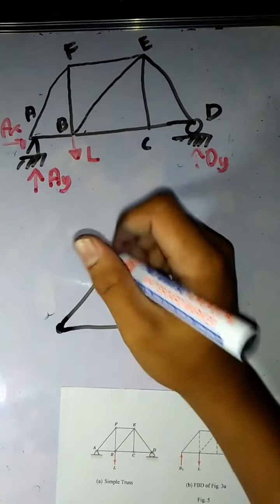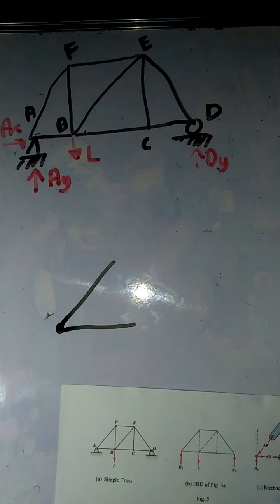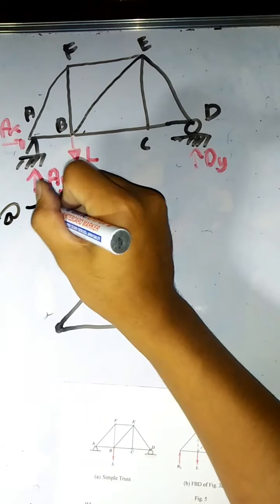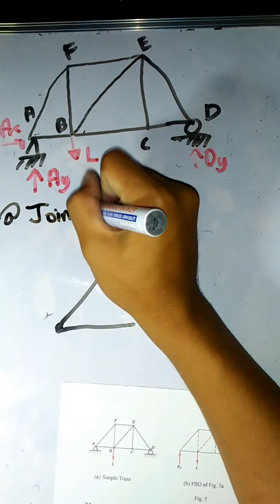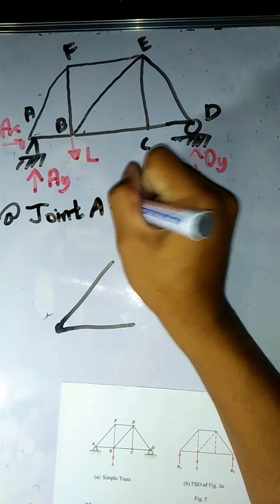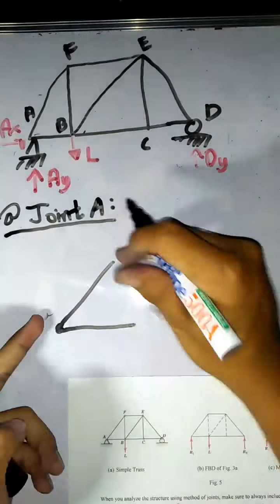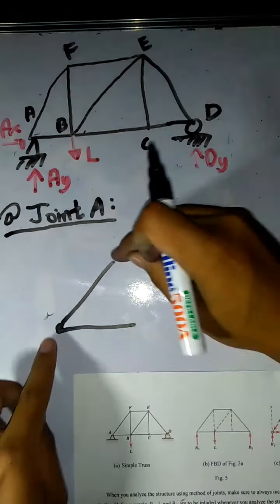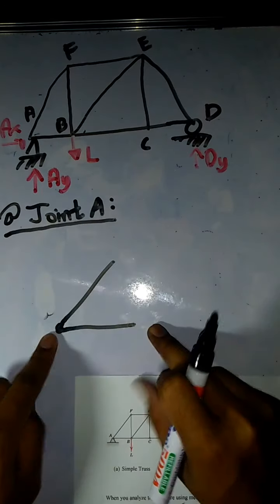Okay? For example, at joint A. As you can see, at joint A there are members AF and AB. Gets? This is AF and this is AB.